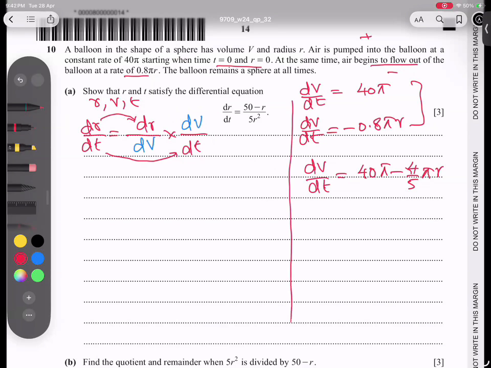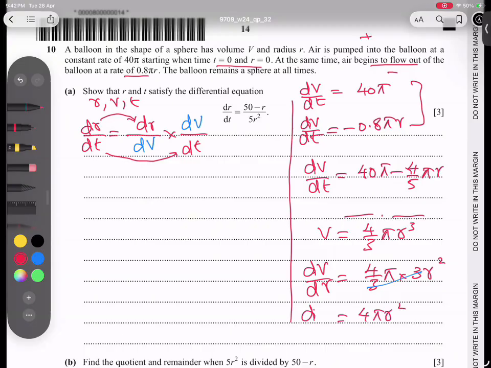What is a sphere, students? Volume of a sphere is 4 by 3 pi r cubed. If I differentiate dV over dr, 4 by 3 pi is a constant and will stay as it is. And what is the differentiation of r cubed? 3 comes down and power 1 less. This cancels, we get 4 pi r squared.